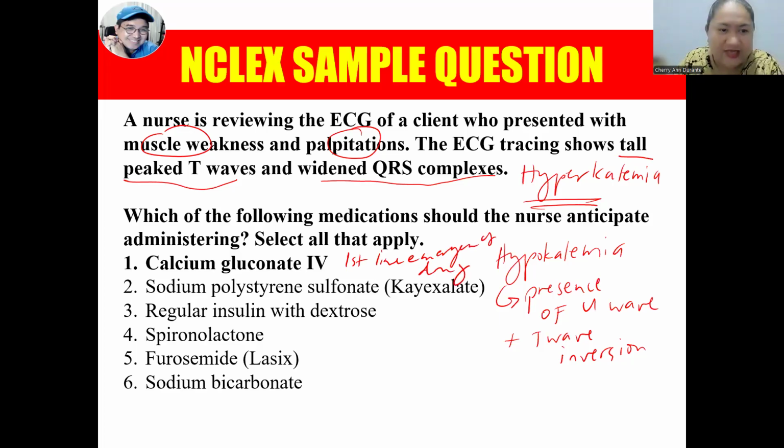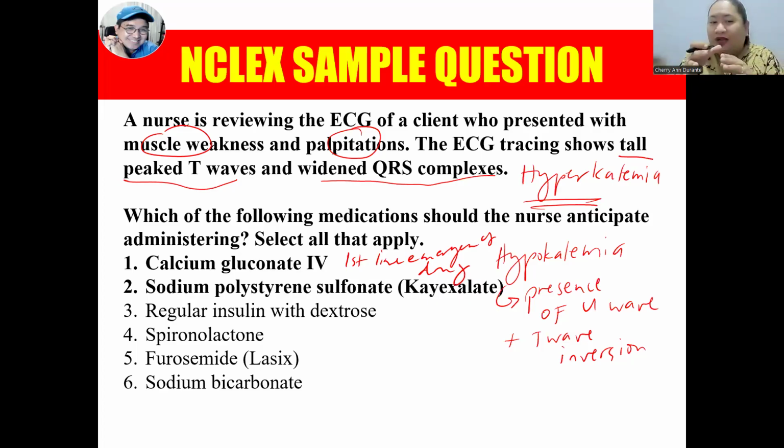Emergency drug. What about kayexalate, or sodium polystyrene sulfonate? You know that this is a potassium binder, so it is a yes. Kayexalate binds with potassium and removes it out of the system at a slower pace than calcium gluconate protecting the heart. That's the reason why we give calcium gluconate IV, because it's faster as a cardiac defender. Now, what about number three?